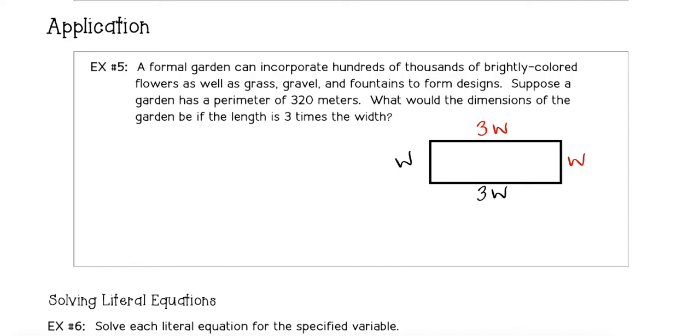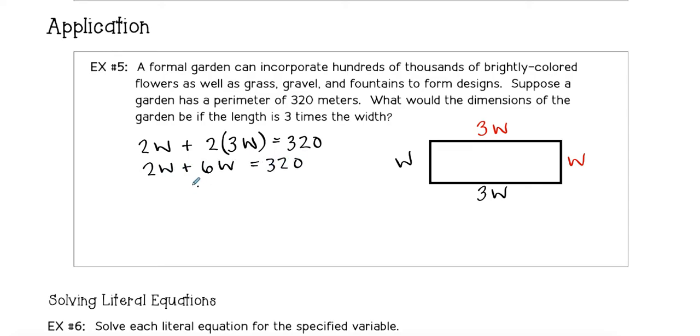So let's set up our problem. I'm going to have 2 W's plus 2 times 3W, or you could have just done that in your head, equals 320. Let's simplify. I have 2W plus 6W equals 320.